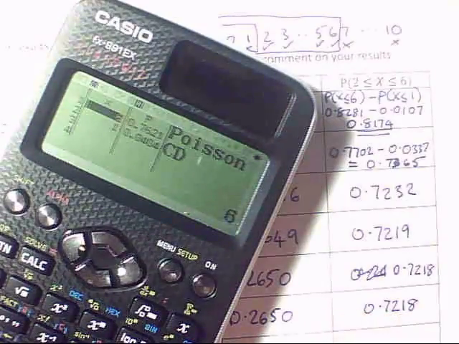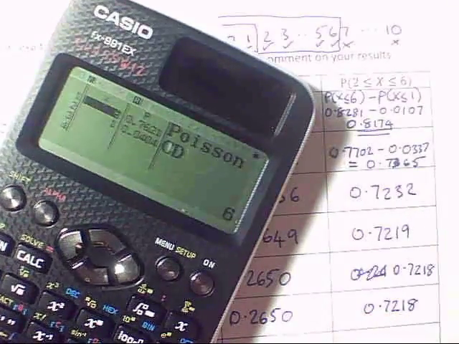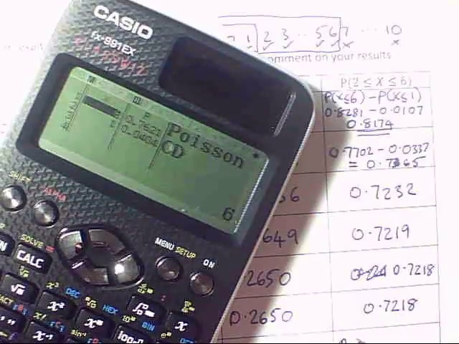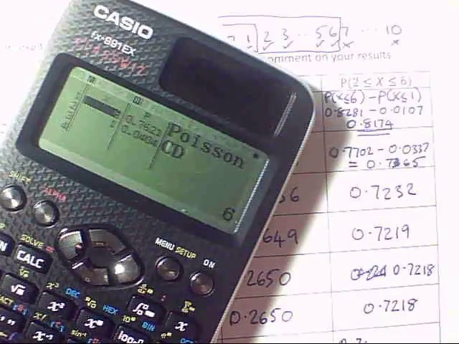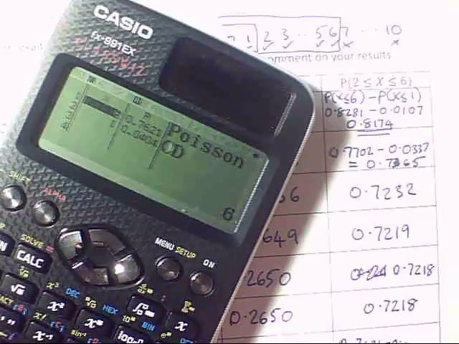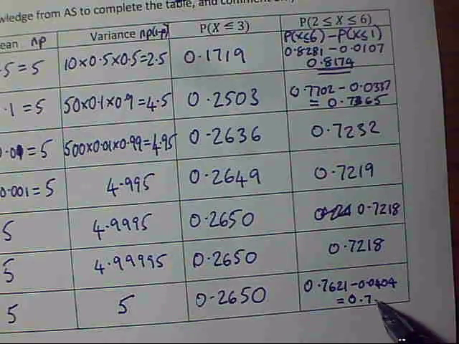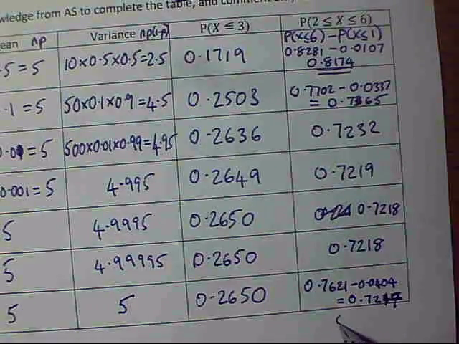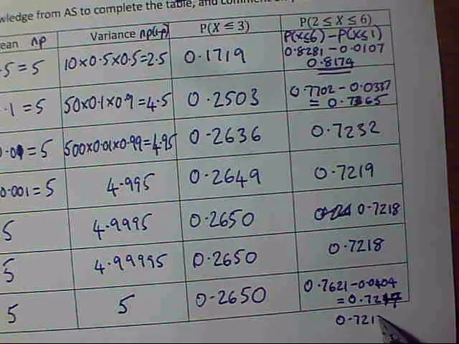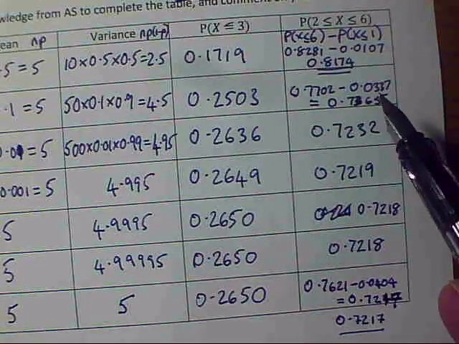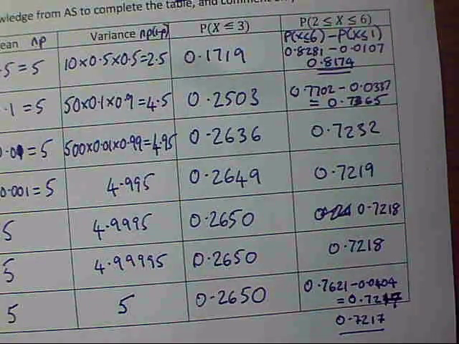So my probabilities to subtract are 0.7621 minus 0.0404, and if I take those two away, I get 0.7217. That's the answer, and we can see that the binomial values once again are all getting closer and closer to the Poisson distribution.